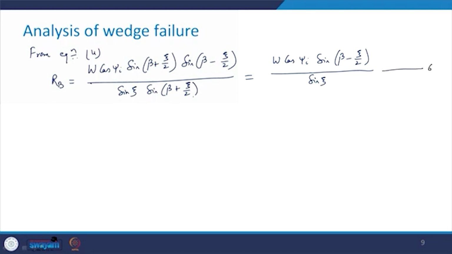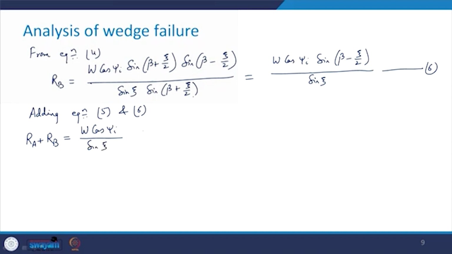I mark this equation as equation number 6. Now what we do is we add equation number 5, which was the expression for RA, and equation number 6, which is the expression for RB. So what we are going to get here as RA plus RB will be equal to W cos psi i divided by sin zeta.